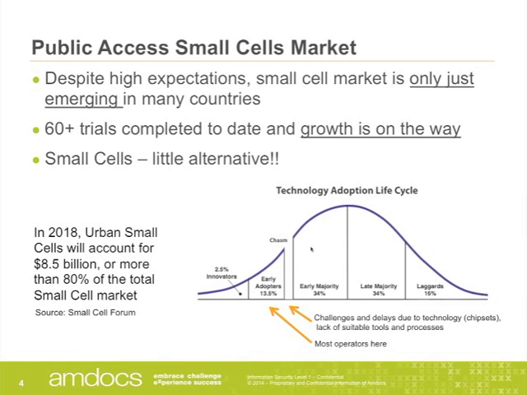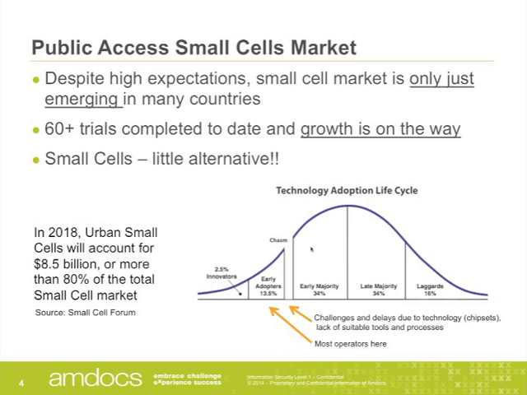So just taking a look then at the public access small cells market. Despite the analysts' predictions, or all of our predictions really, about the small cell market taking off over the last year, it's only just now that we're seeing the small cell market emerging in many countries. We've seen over 60 trials completed to date, and there's no doubt about it, the small cells growth is on the way.